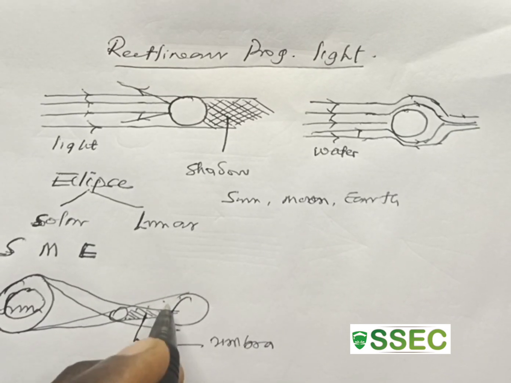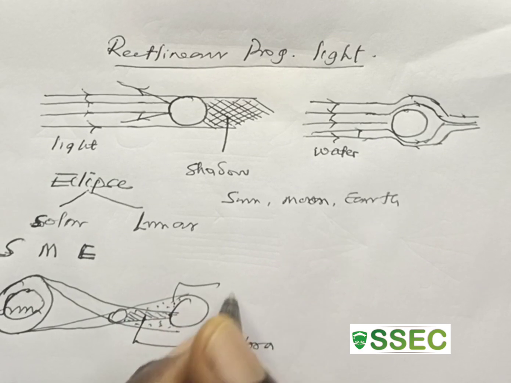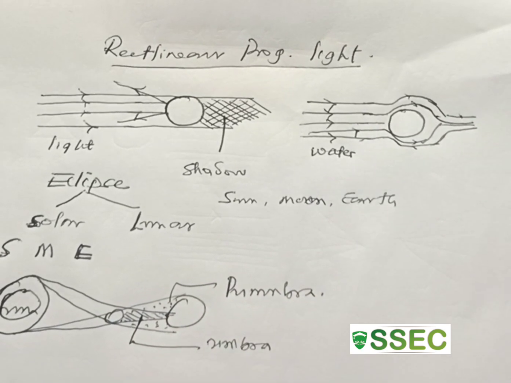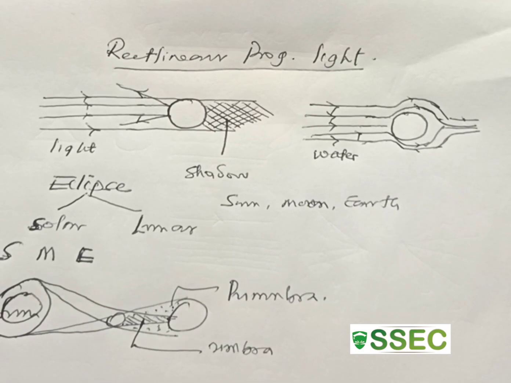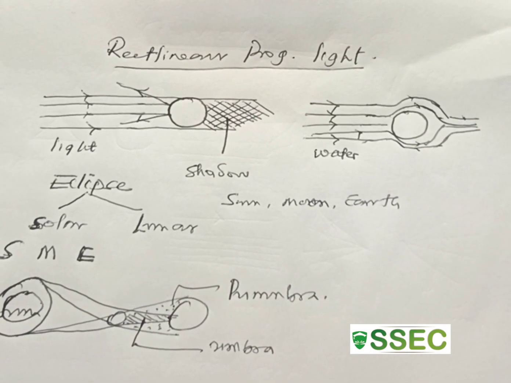And here we have partial darkness. Partial darkness, we call it penumbra. So this is what is happening during solar eclipse.